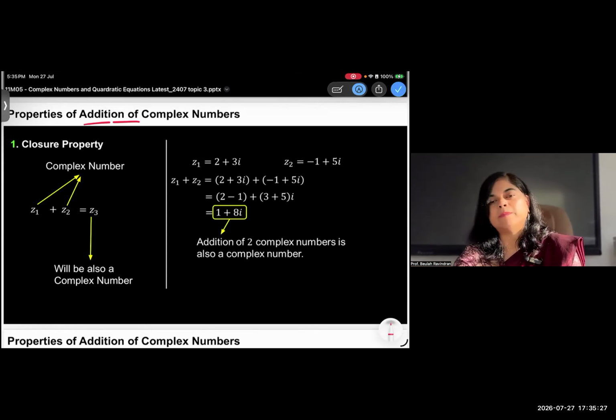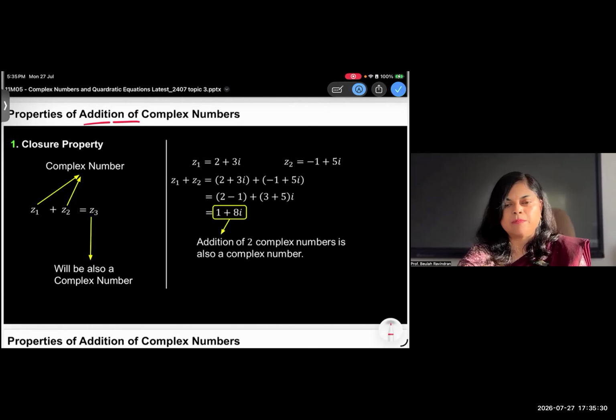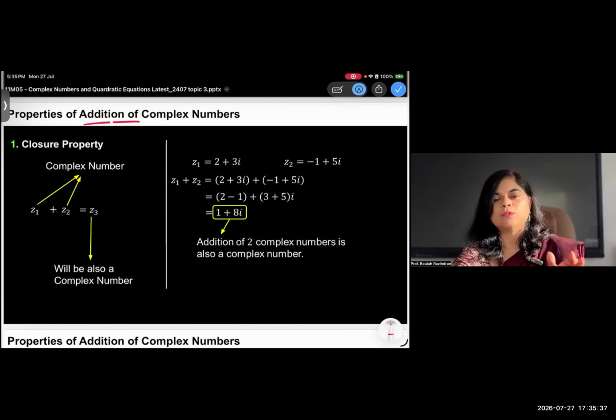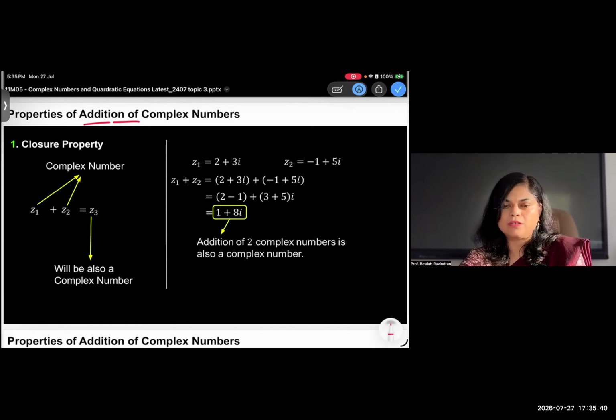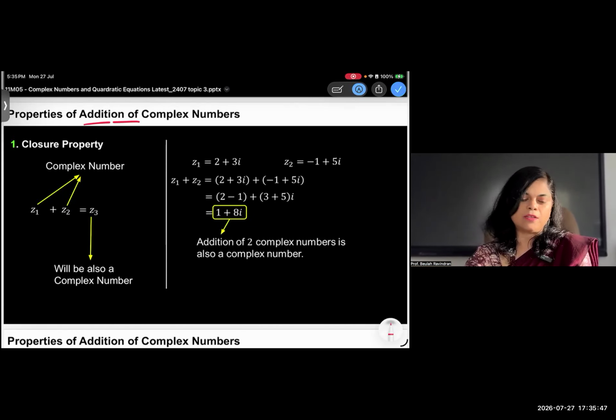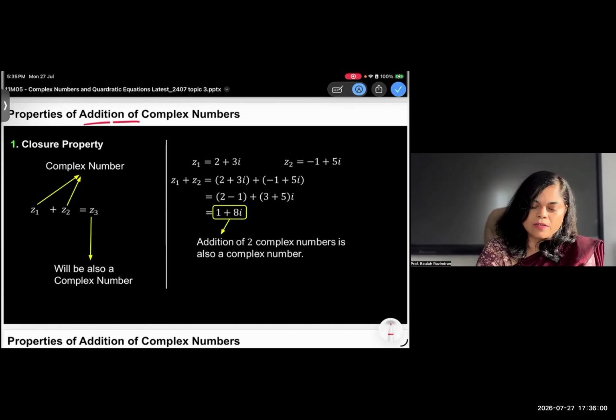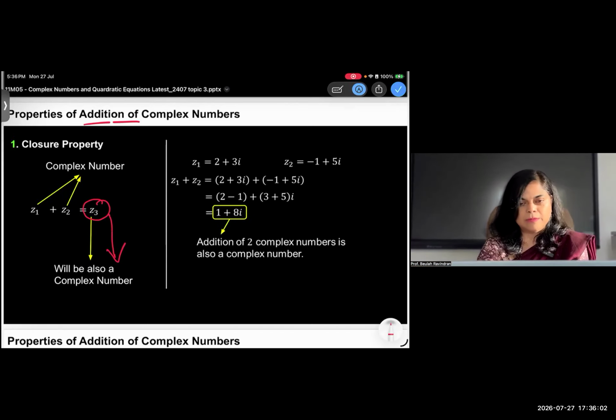Real number to real number plus imaginary number to imaginary number, like that you have to add, using normal addition. Plus and minus signs are very important in complex numbers. If you are given any two complex numbers, the addition result will be another complex number. That result should definitely be a complex number.